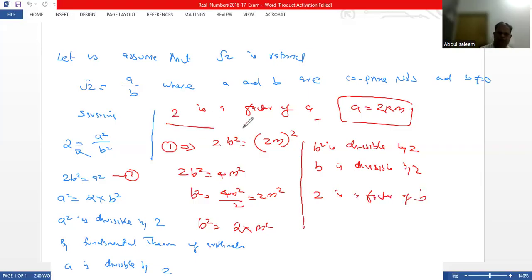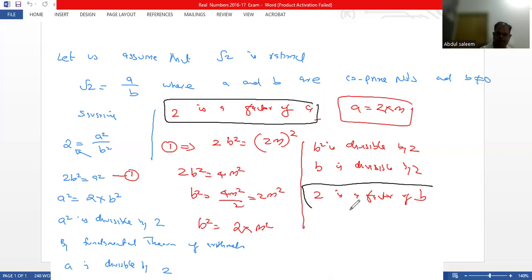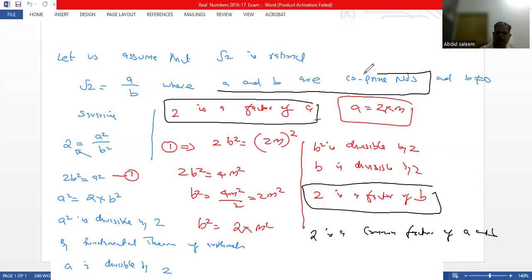So 2 is a factor of a, and similarly 2 is a factor of b. That means 2 is a common factor of a and b. What is our assumption? a and b are co-prime numbers, which means 1 is the only common factor. Here we obtain 2 as a common factor of a and b.